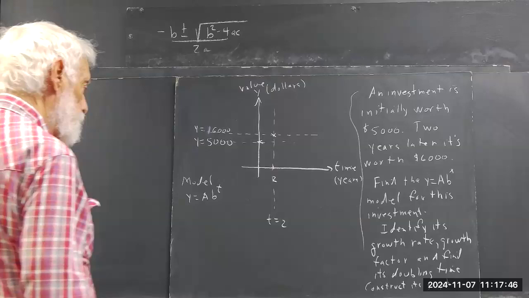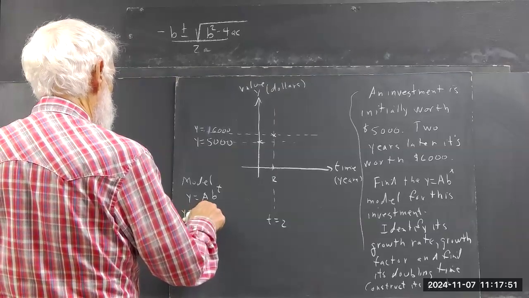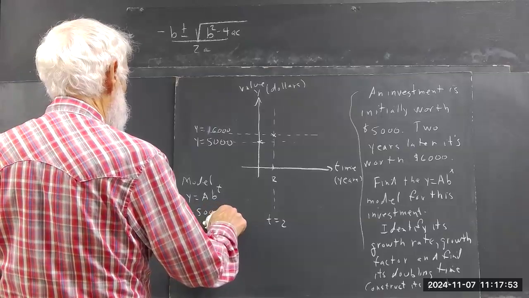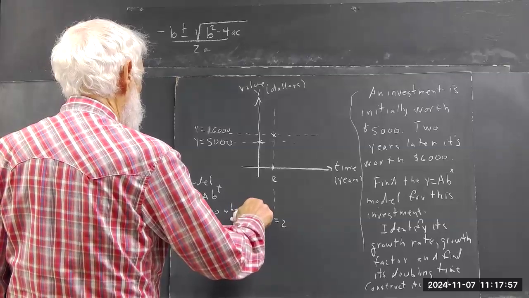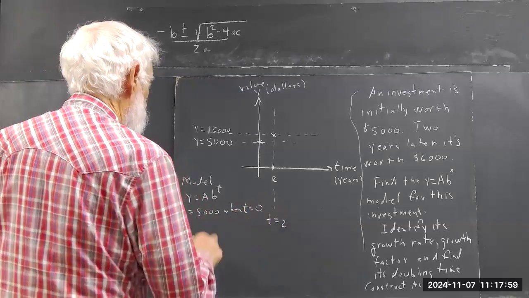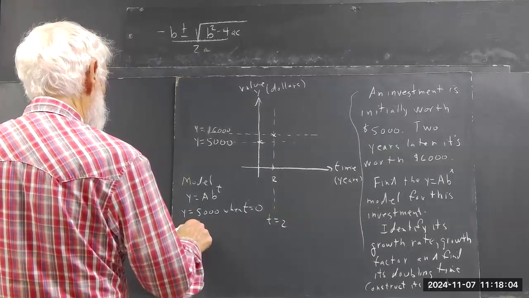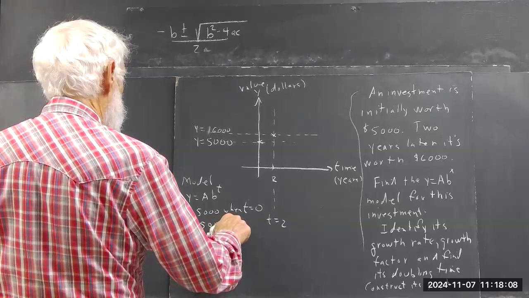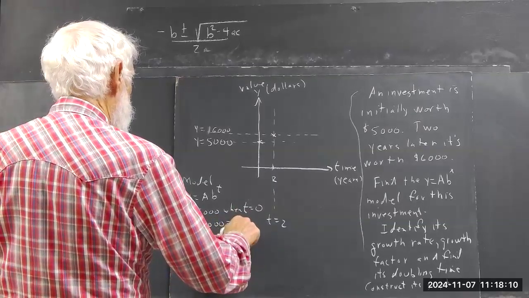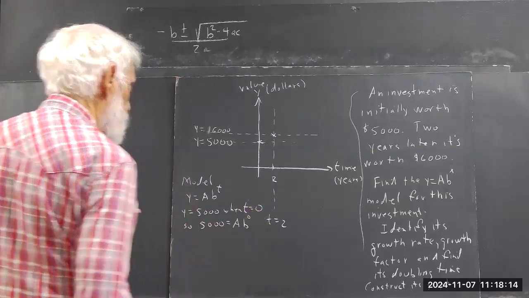Y equals A B to the T. Y equals 5,000, T equals 0. So 5,000 equals A, B to the 0.